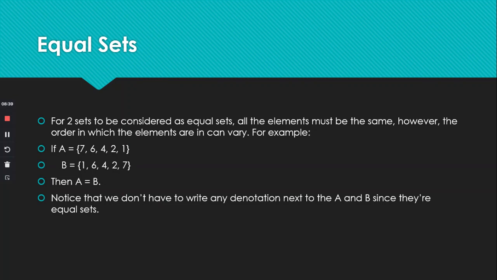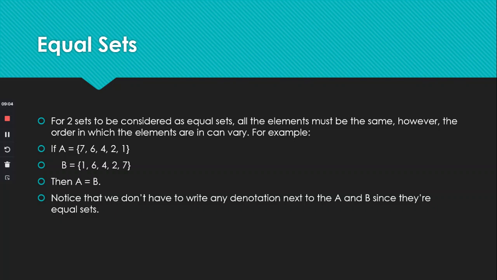Meanwhile, we actually have equal sets. For two sets to be considered as equal sets, all the elements must be the same. However, the order in which elements are in can vary. By the order here, we don't mean the cardinality. We mean the actual order, the order in which things are placed in.